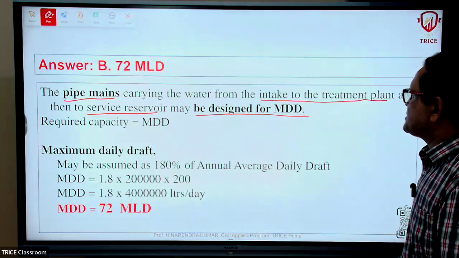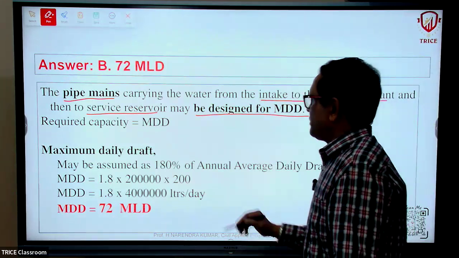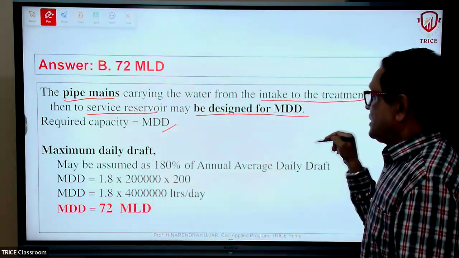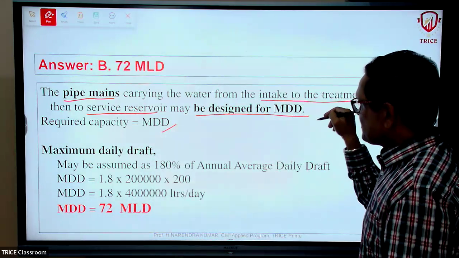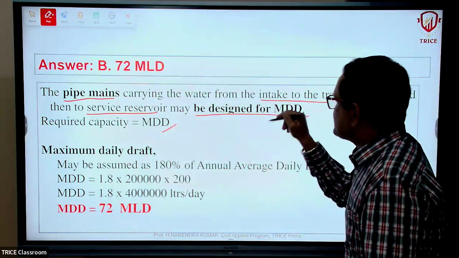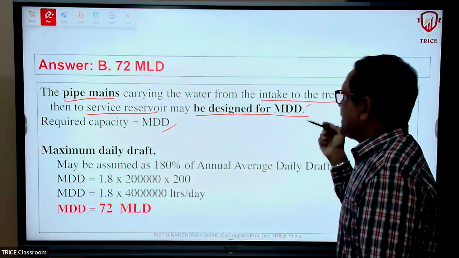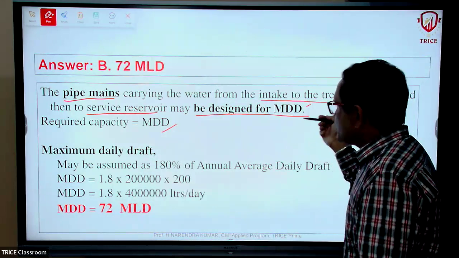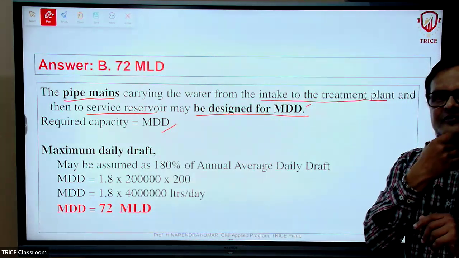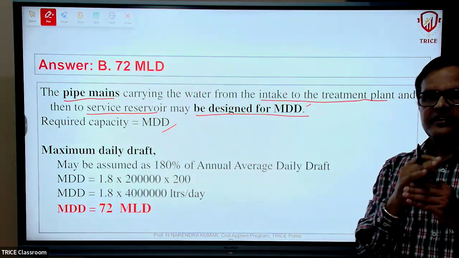Usually pipelines will be designed for MDD. Required capacity is nothing but MDD. So what is the requirement in this problem? First of all, I need to remember that the pipelines will be designed for MDD. Then I need to remember how to calculate MDD based on the data given in the problem. So there are two ways. Okay, two steps.